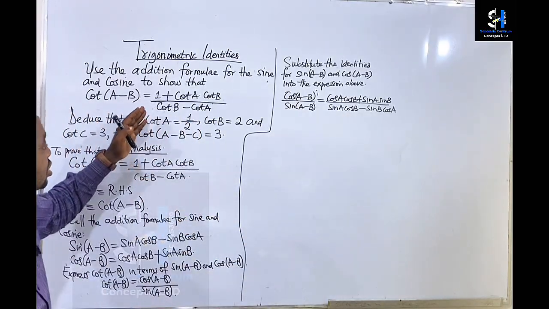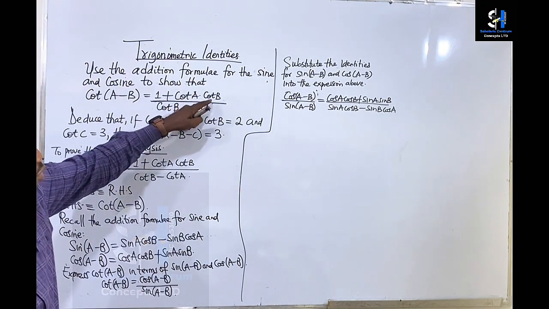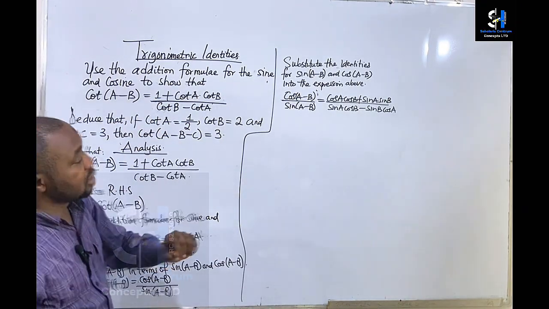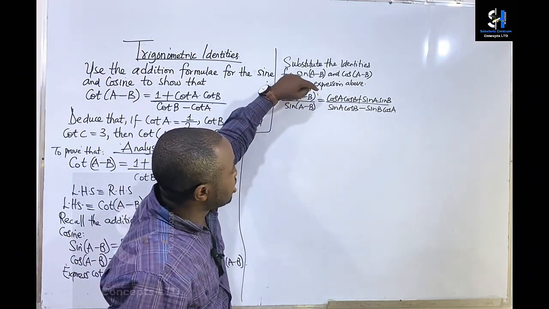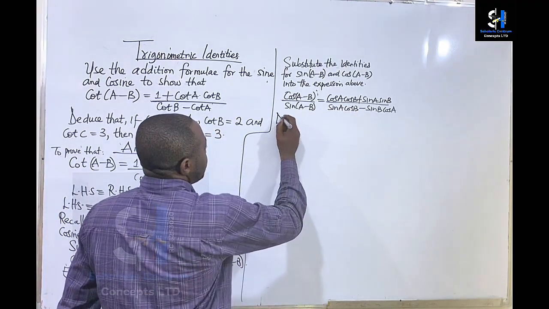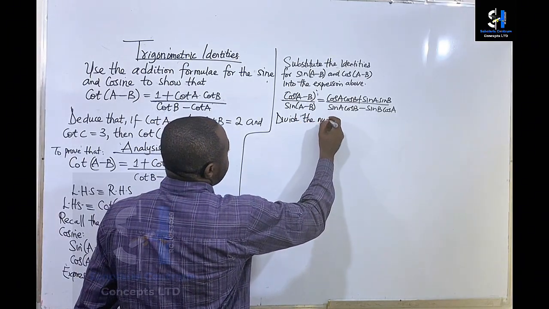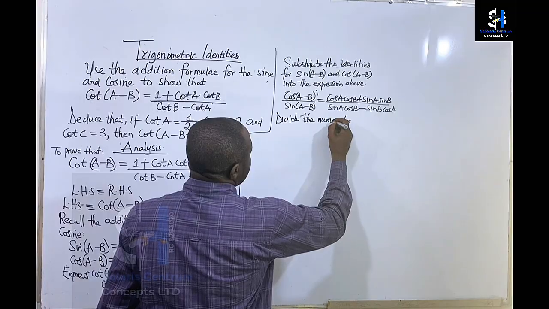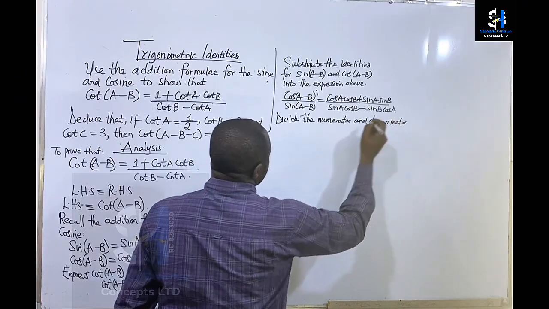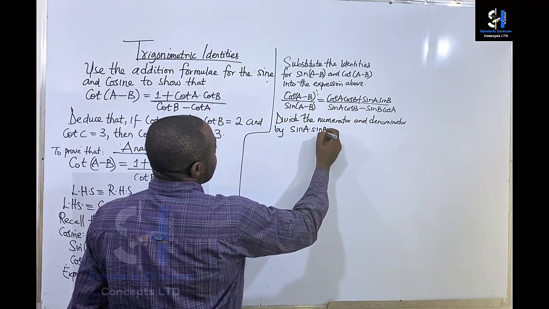Now when we compare this new expression with the right hand side of what we are asked to prove, we have cotA cotB and this 1. The only way we can get cotA cotB is from the numerator, where we have cosA cosB. So our next step will be to divide the numerator and denominator by sinA sinB.